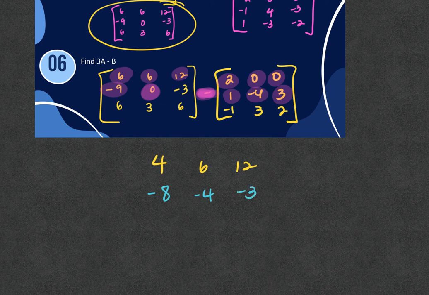Go to the last row. 6 minus a negative 1 becomes 6 plus 1, or 7. 3 minus 3 is 0. And 6 minus 2 is 4.